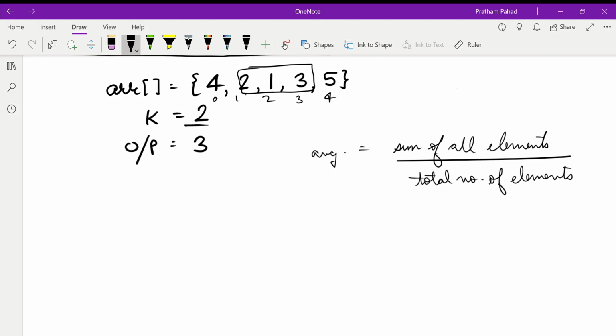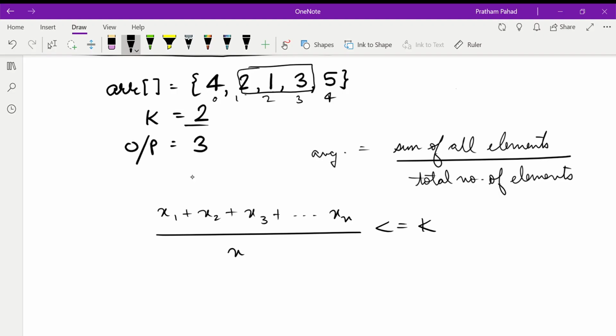So let's say x1 plus x2 plus x3 up to xn upon n. This is the average. It should be less than equals to k. It is given in the problem. This is your average. It should be less than equals to k.